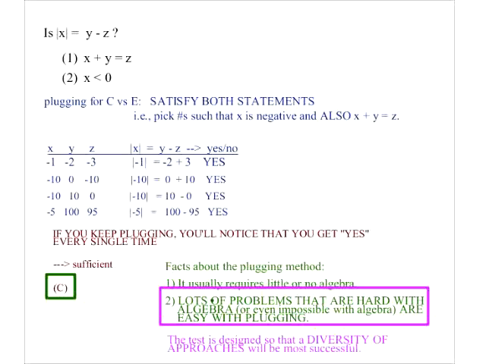In other words, if you just approach it with algebra all the time, you will not do that great. If you just approach it with plugging all the time, you won't do very well either. But if you approach the test with a mixture of strategies and can go back and forth between them, you'll get your best result that way. So keep this in mind.